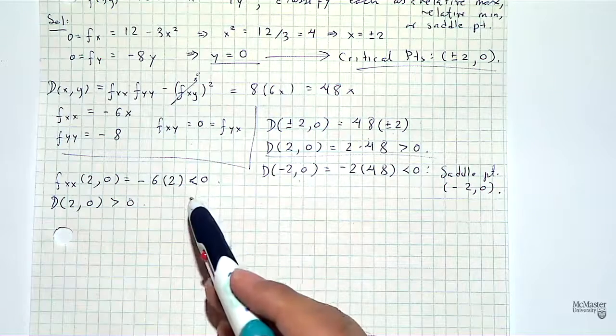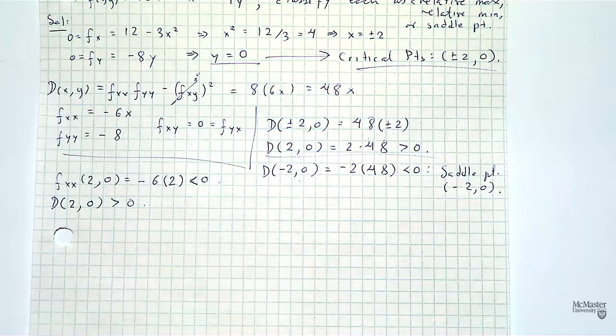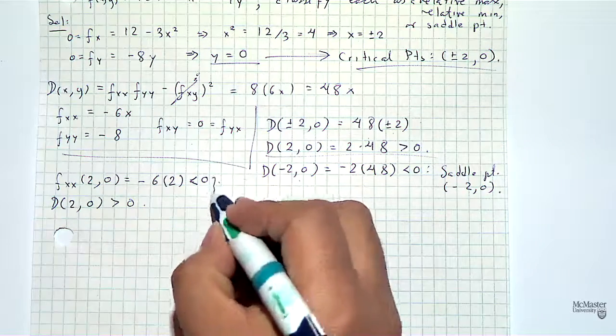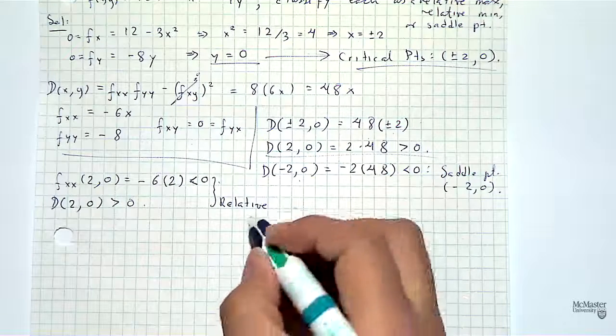So here you would have a relative maximum. If you remember, you have x squared, the parabola, derivative 2x, second derivative 2. There you have the minimum. If you have minus x squared, the second derivative is minus 2. So this would resemble this case. So here you would have a relative maximum.